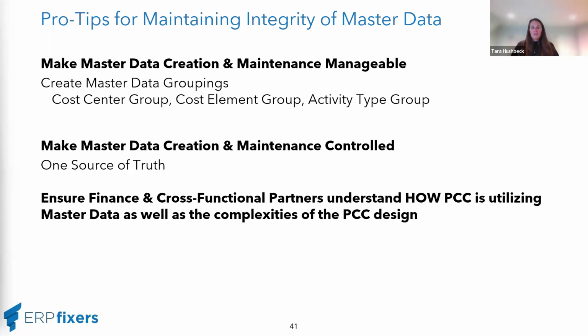And then, like we talked about earlier, ensure finance as well as cross-functional partners understand how master data is utilized by product cost controlling and the complexities of that design, so that people are not inadvertently messing up some of the product costing stuff that we might be doing behind the scenes that they don't know they're seeing on a daily basis.